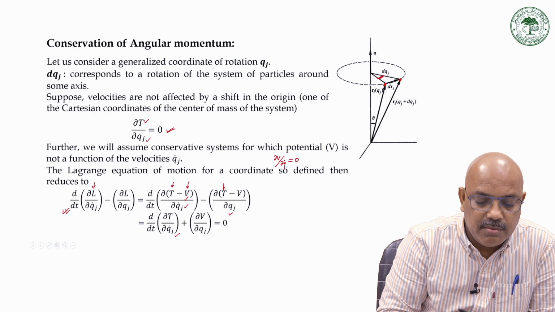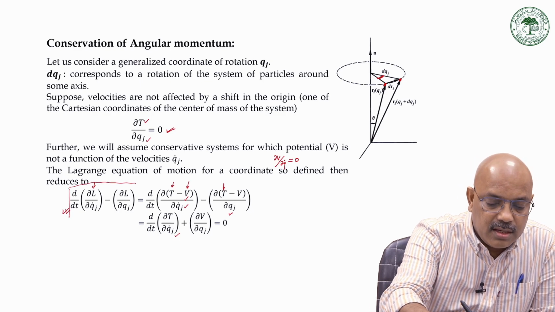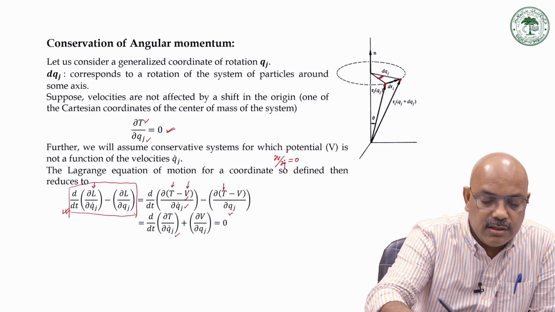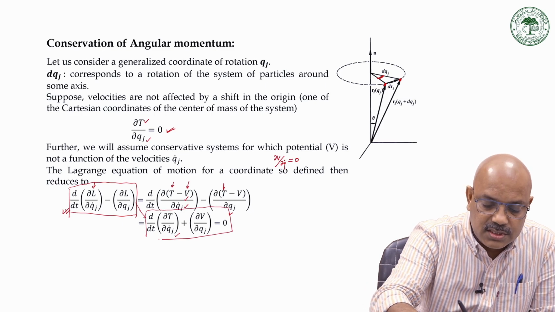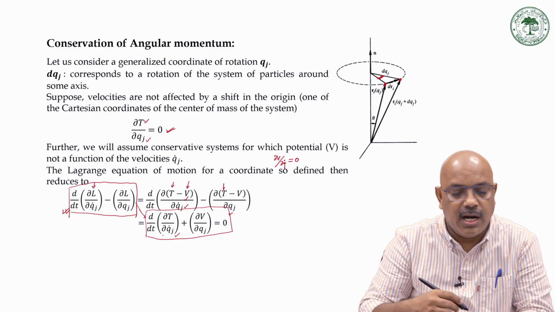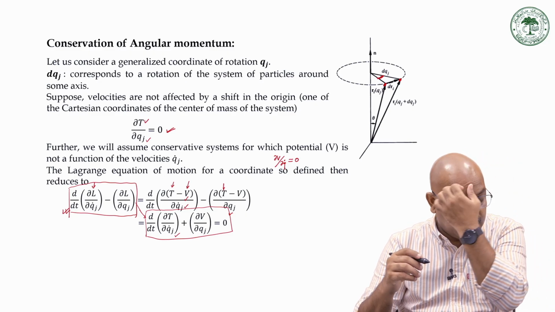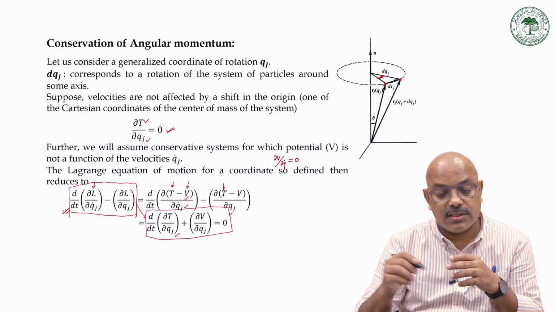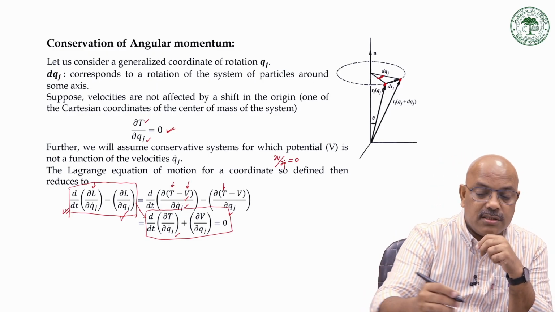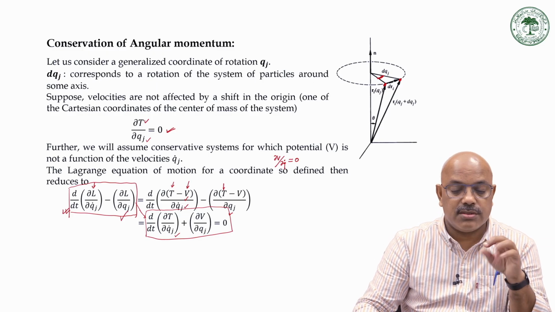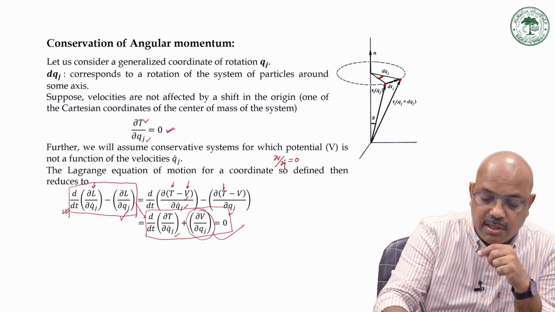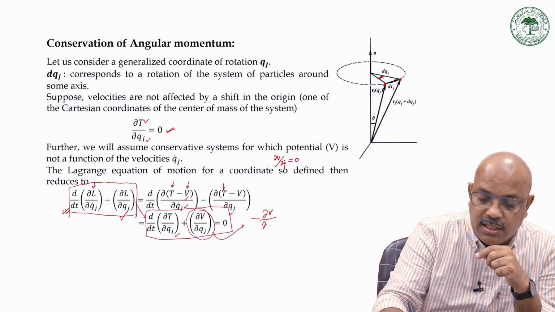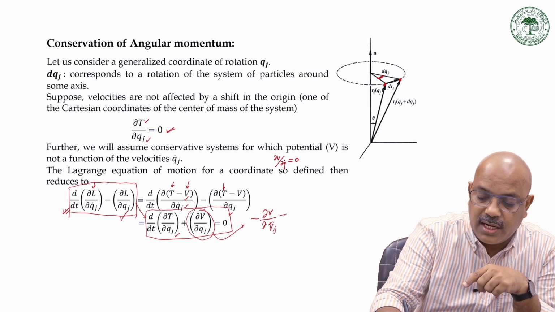So my Euler equation now is this. From the time derivative part, the velocity potential is not there, and from the position derivative part, the kinetic energy is not there. If I take dV by dt to this side, it becomes negative del V by del qj, and this we know is equivalent to the generalized force.